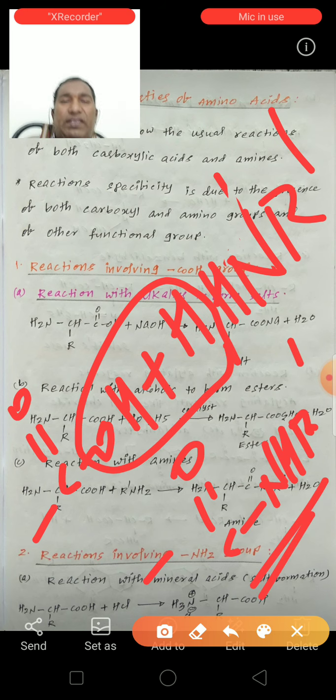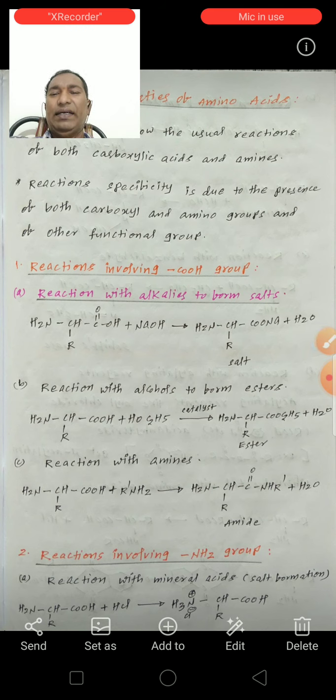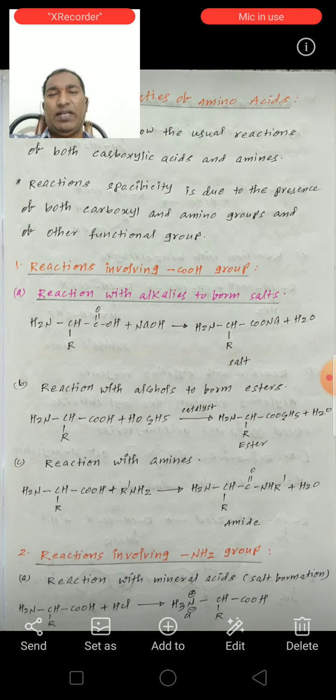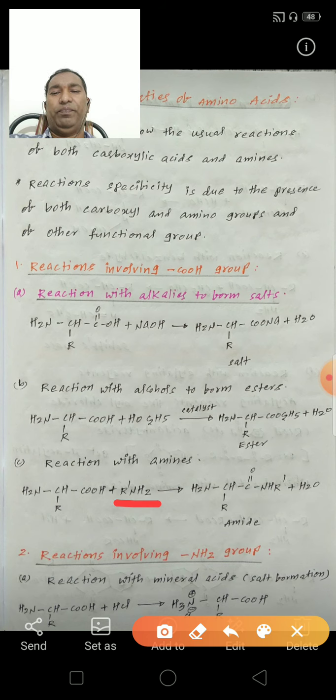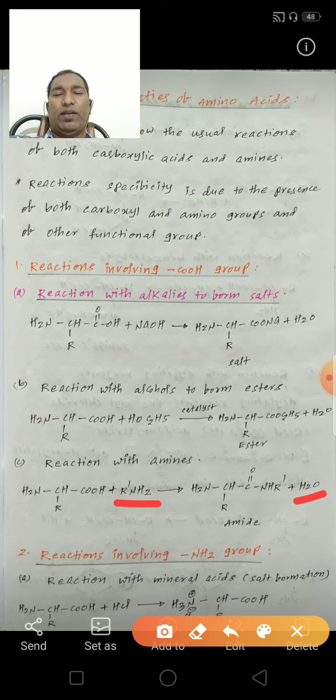So when carboxylic acids react with amines to form amides, like amino acids reacting with the amine R'NH2, the primary amine, they form an amide by removal of a water molecule.